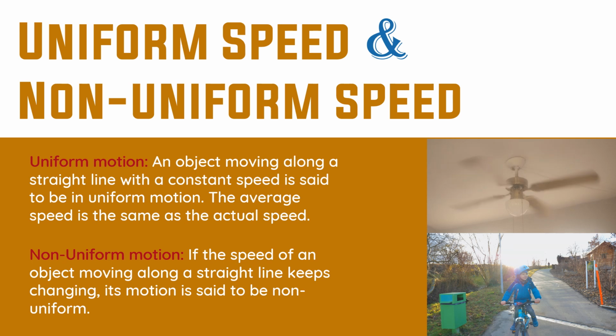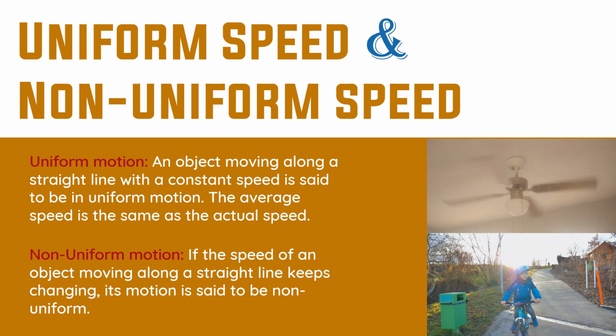See the movement of the fan. The blades are rotating at the same speed. That kind of motion is called uniform motion. An object moving along a straight line with a constant speed is said to be in uniform motion.